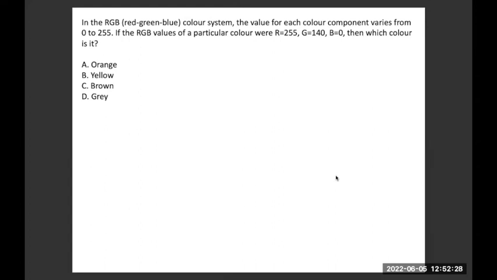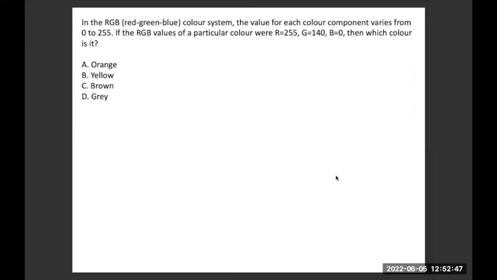C is for cyan, M for magenta, Y for yellow, and K for key.